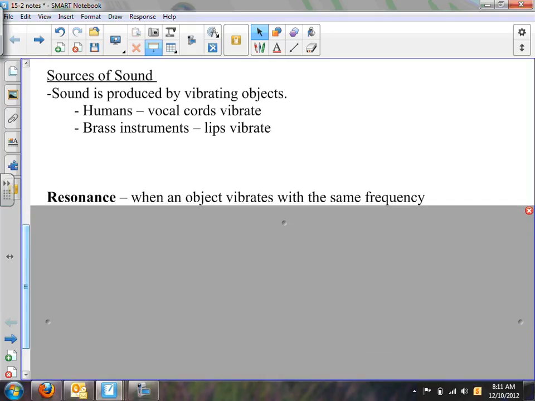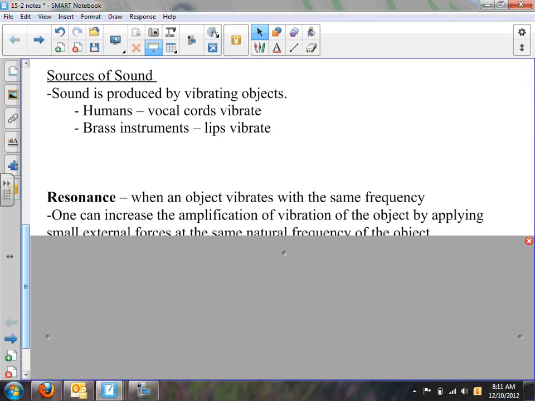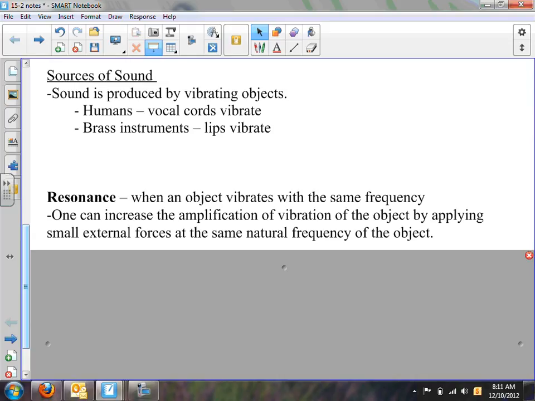Resonance is when an object vibrates with the same frequency. And you can increase the amplification of the vibration by simply applying small external forces at the same natural frequency of the object.